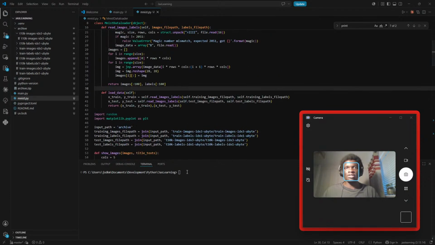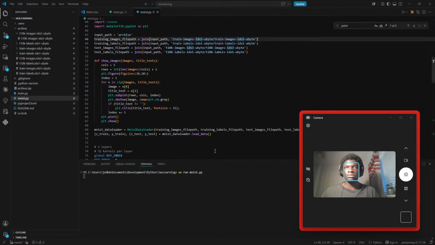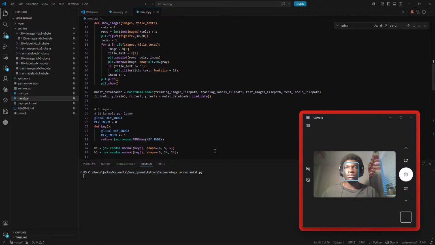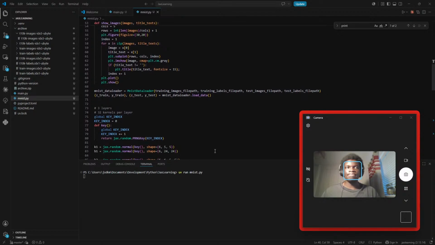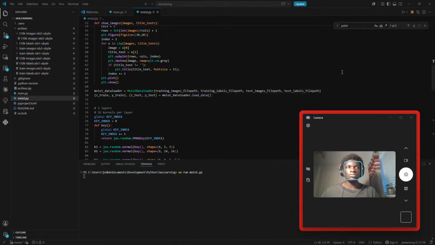I'll try this. If this doesn't make it noticeably faster, then we'll have to actually stop it reading the whole thing. Yeah, it's still very slow.